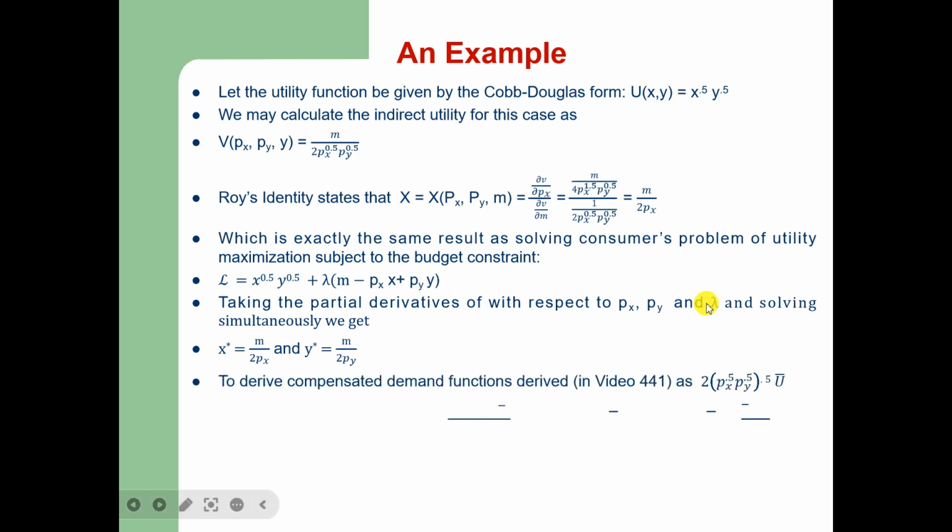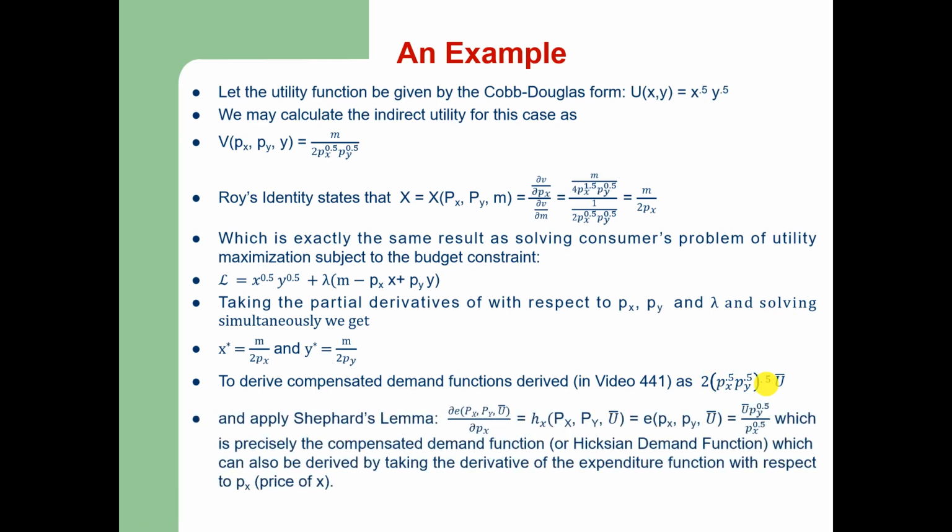This lambda in this problem may be thought of as the marginal utility of income. To derive the compensated demand functions derived in video number 441, the expenditure function is 2 into price of x raised to the power 0.5 and price of y raised to the power 0.5 whole raised to the power 0.5 times constant utility given by u bar, and apply Shephard's lemma to take the partial derivative of the expenditure function with respect to px.